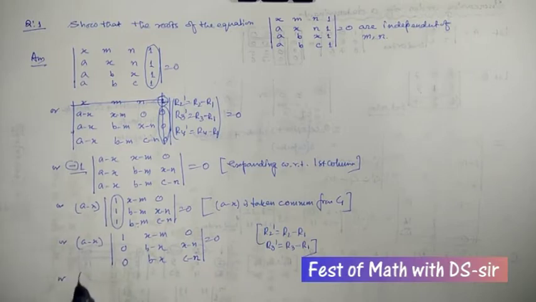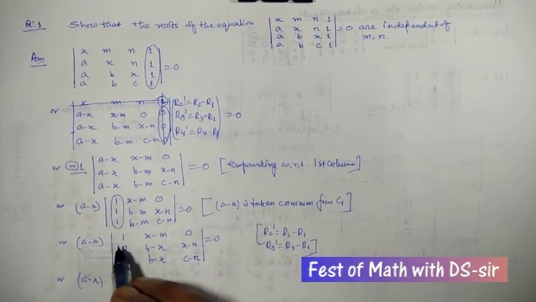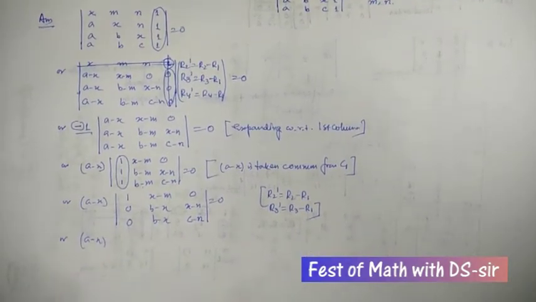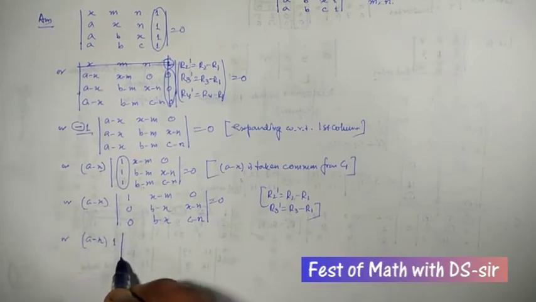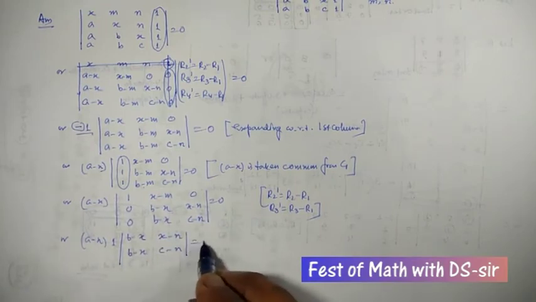Again, since all other elements are 0, I will expand this determinant with respect to the first column. On expanding, it becomes 1 into the determinant equals 0.